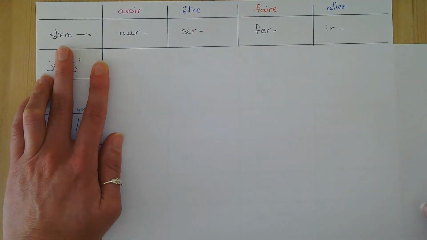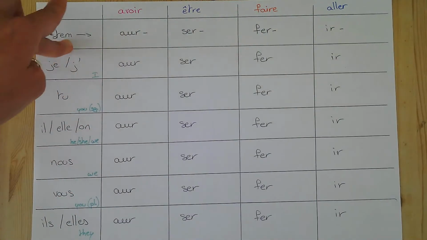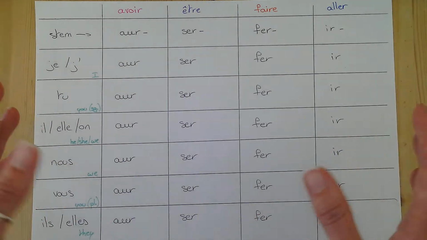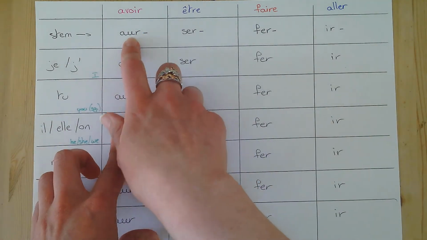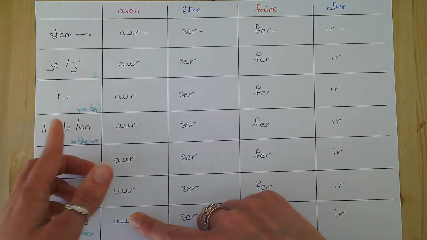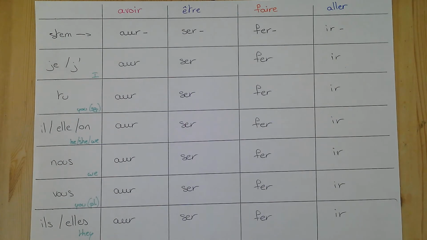What do you do with that? You put it all the way down for each pronoun. And that's it. So it's irregular because there's a different stem, but once you've got that stem, there's no other variation in the verb. And what do you do after?